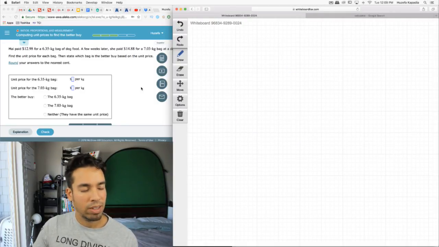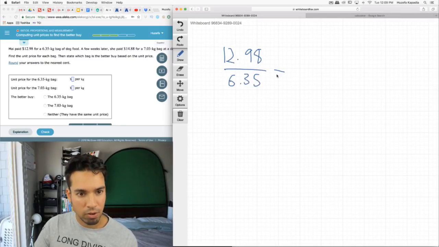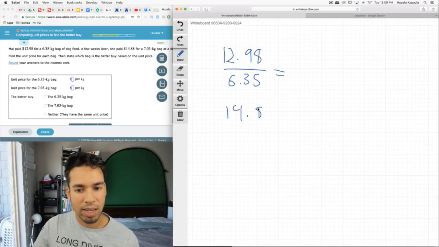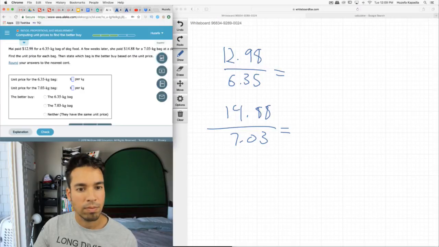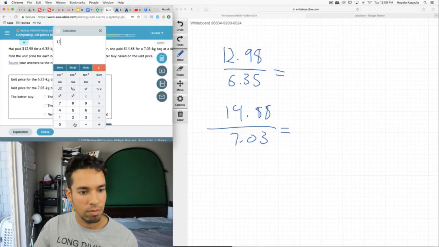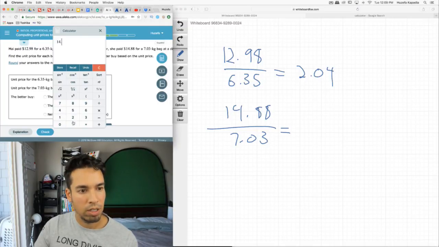Okay, now we're doing price per kilogram. So same thing, we're dividing by the number of kilograms. Anything that's after the per, we're dividing by. So 12.98 divided by 6.35 for that first one. This one is 14.88 divided by 7.03. $2.04 here, and then this one is 14.88 divided by 7.03, which is 2.12.